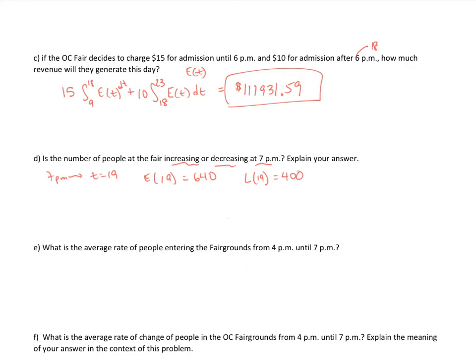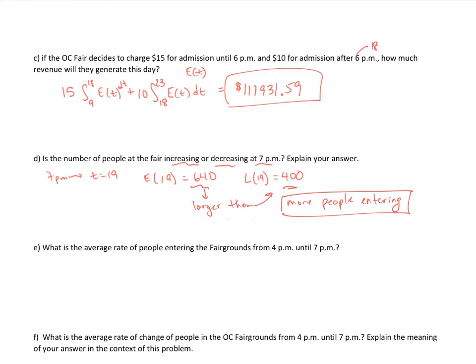So since this is larger than L of T, we have more people entering. So our rate of people entering is greater than our rate of people leaving. And that is our explanation for the problem.